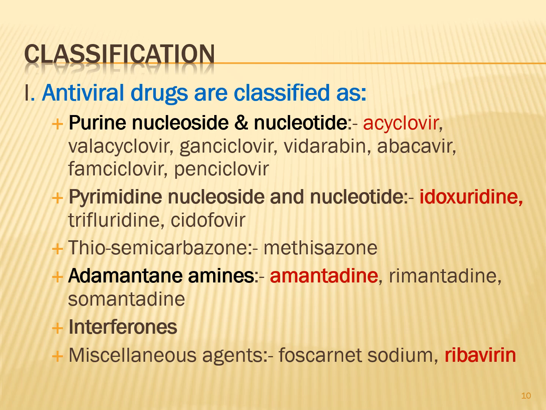Pyrimidine nucleosides and nucleotides: idoxuridine, trifluridine, cidofovir. Next is thiosemicarbazone. Example is methisazone. Then adamantane amines. Examples: amantadine, rimantadine, somantadine. Then we have interferons and miscellaneous agents like foscarnet sodium and ribavirin.